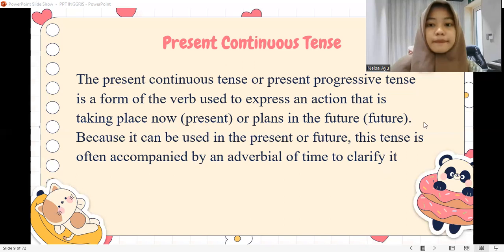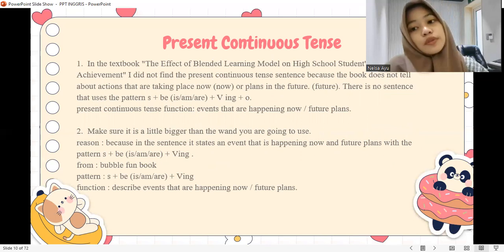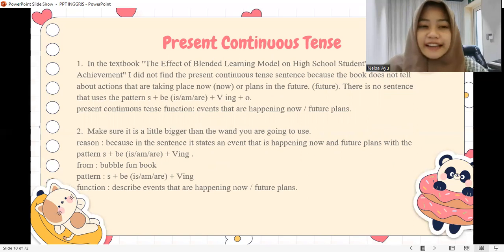For the example, in number one, in the textbook, "The effect of blended learning model on high school student learning achievement," I did not find a present continuous tense sentence, because the book does not tell about actions that are taking place now or planned in the future.